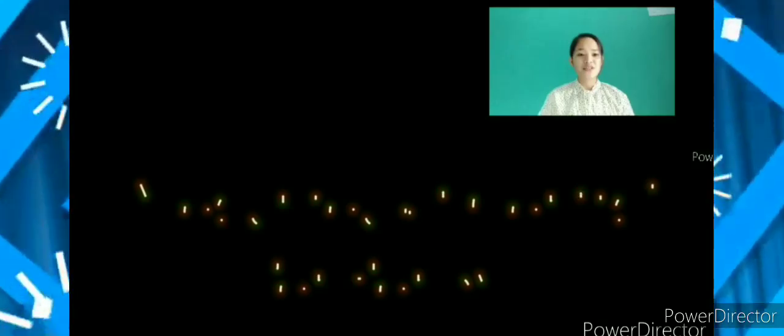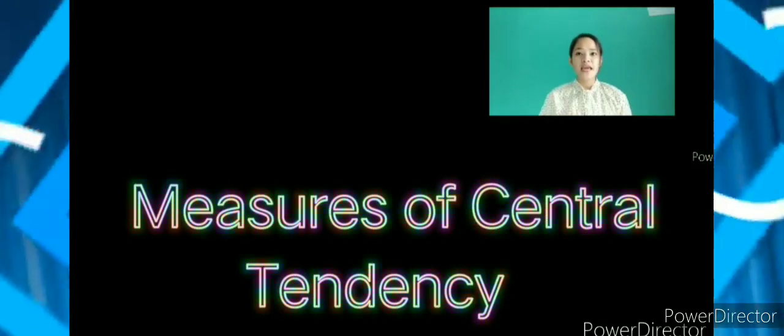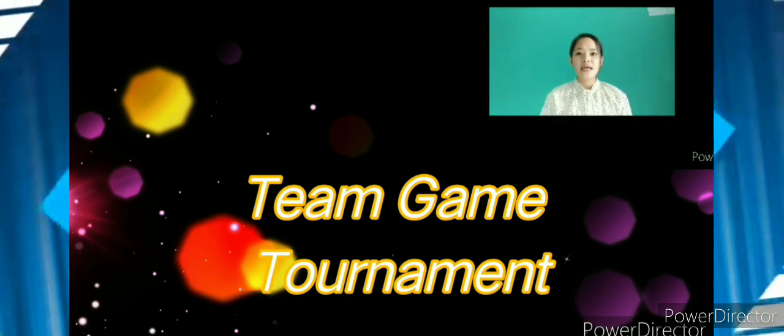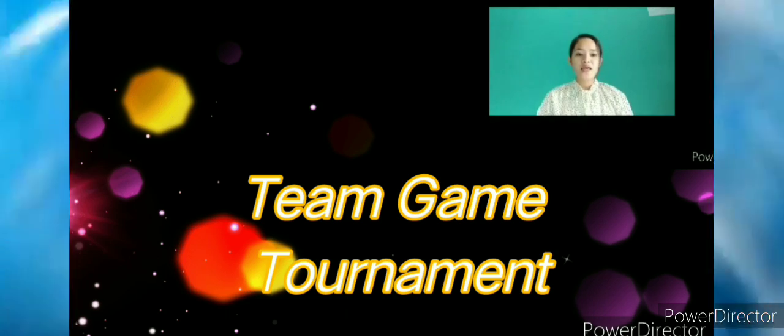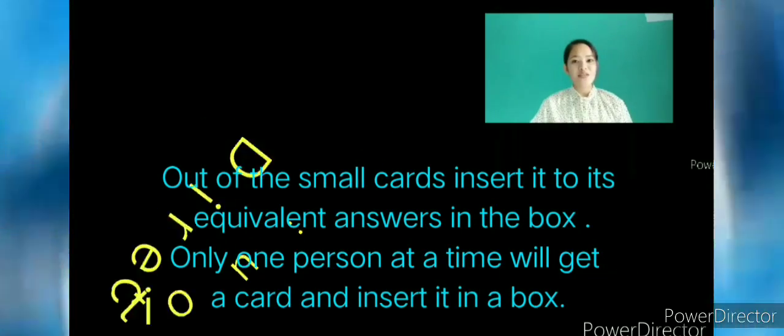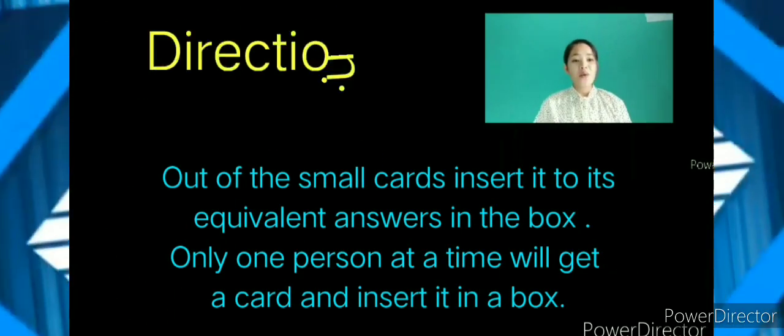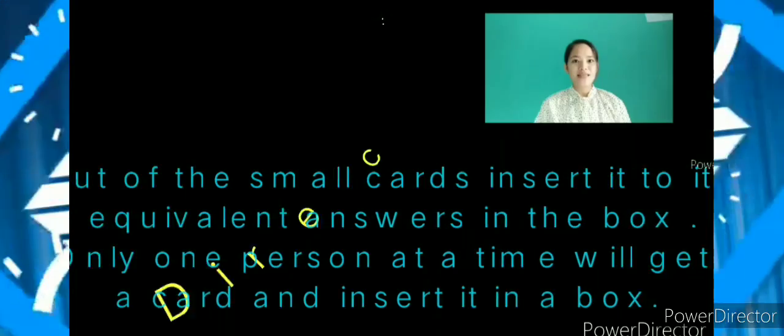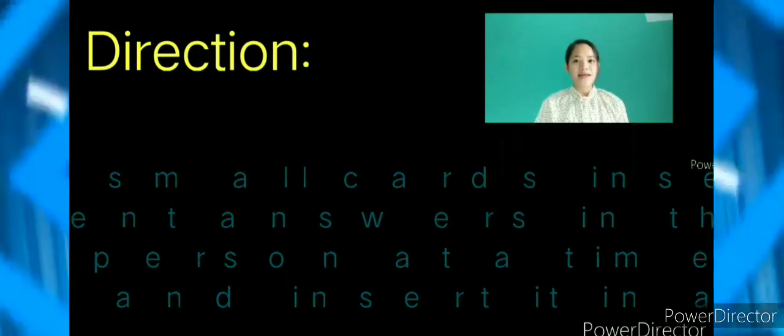In our topic, the measures of central tendency, our game is a team game tournament. We divided the students into 4 groups, and we challenge each group to solve the measures of central tendency. Our direction is: take the small cards and insert them into their equivalent answers in the box. Only one person at a time will get a card and insert it in the box.